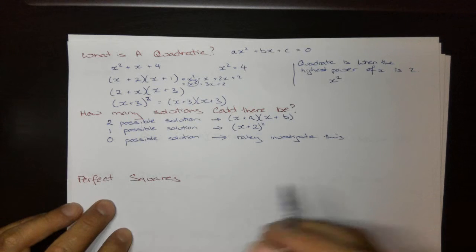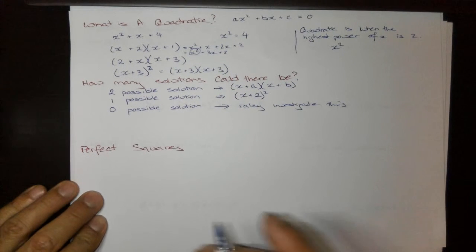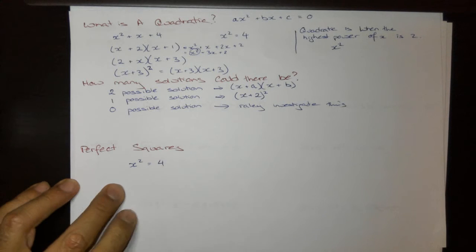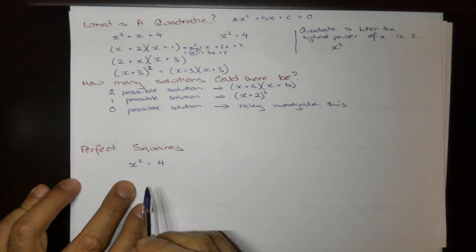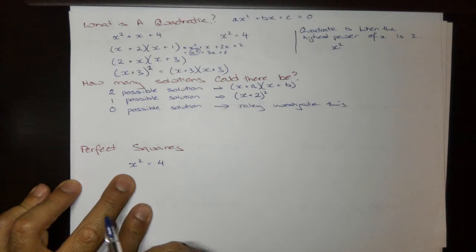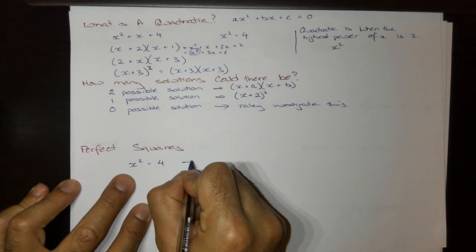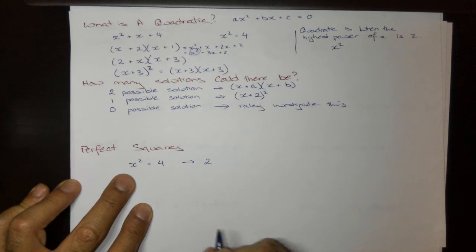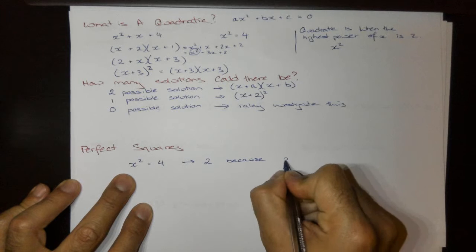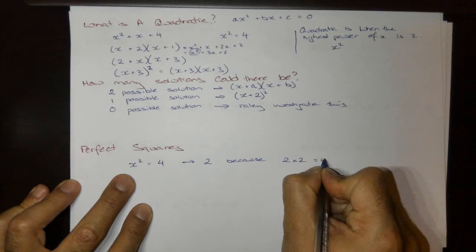Okay? We're talking about perfect squares. If I was to give you this, x squared equals 4, and said, what is the value of x? So what number squared gives you 4? You will automatically know off the top of your head, 2, because 2 times 2 equals 4.